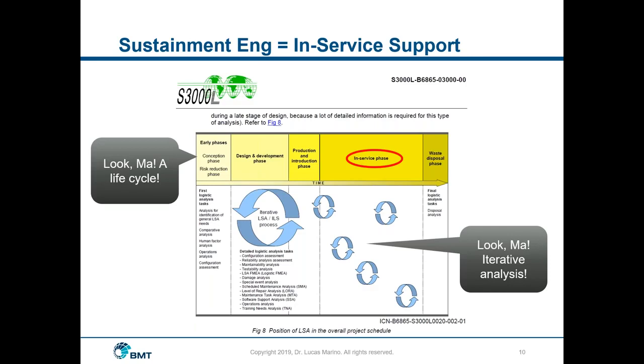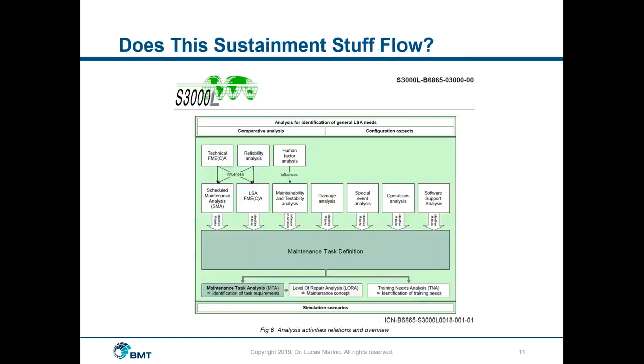You can tailor it to your organization. You can repeat these analyses at different periods to support your in-service resources. And then eventually you'll get to disposal, where you're going to retire the asset. So this is a pretty cool way for you to see what the S3000L says about life cycles in relationship to the iterative nature of analyses.